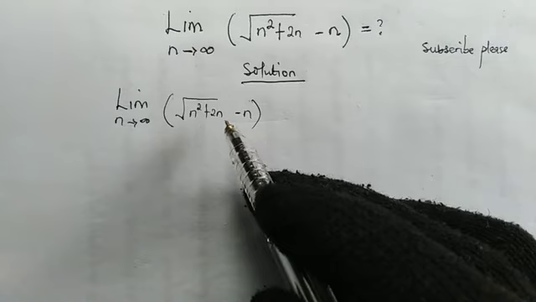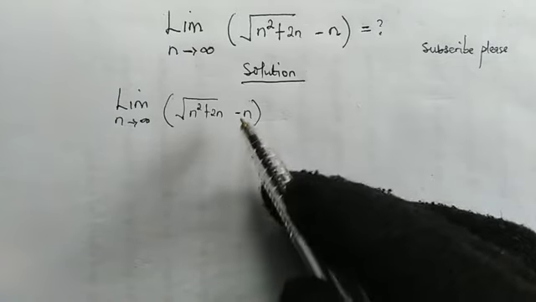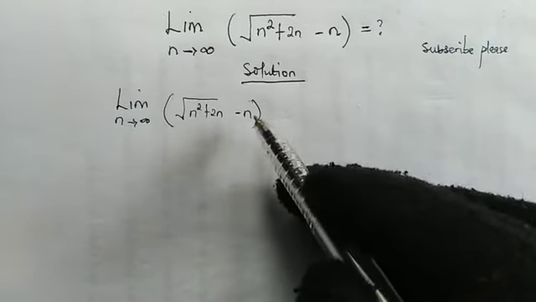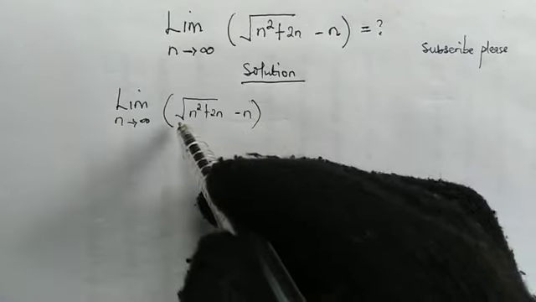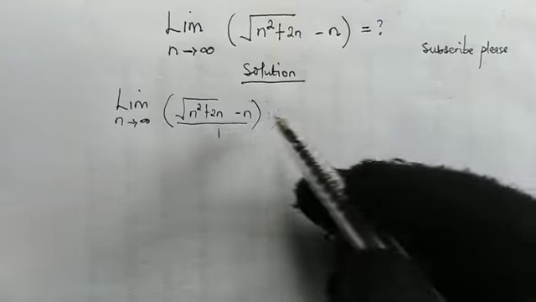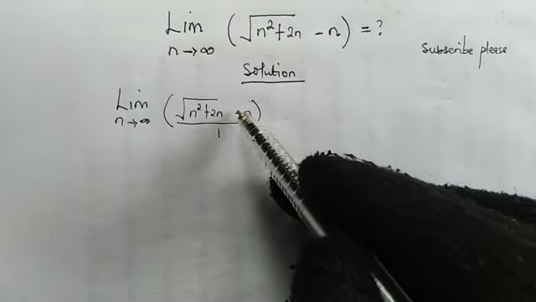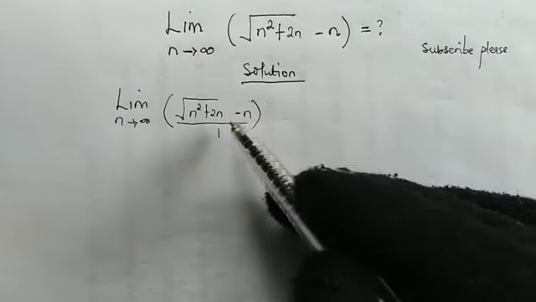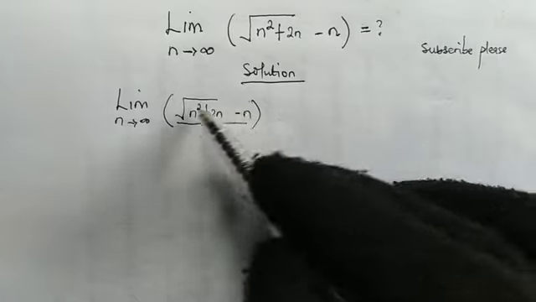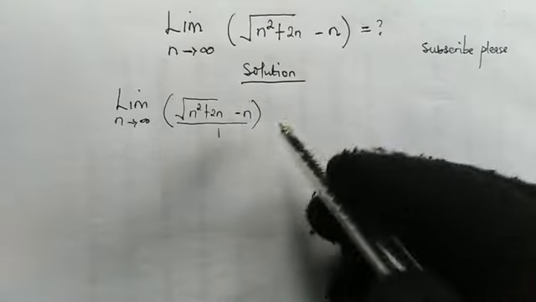Now we are going to multiply. This is all over 1, so we're going to multiply the numerator and the denominator by the conjugate form of this expression here.